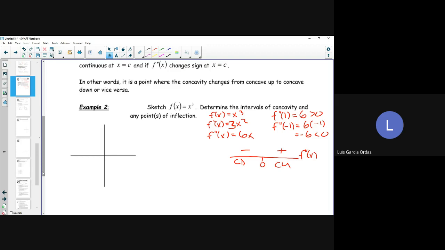So I have concave up from 0 upwards, and I'm concaving down when I get towards my negative x values. Does this make sense? Can you guys tell the difference between concave up and down?